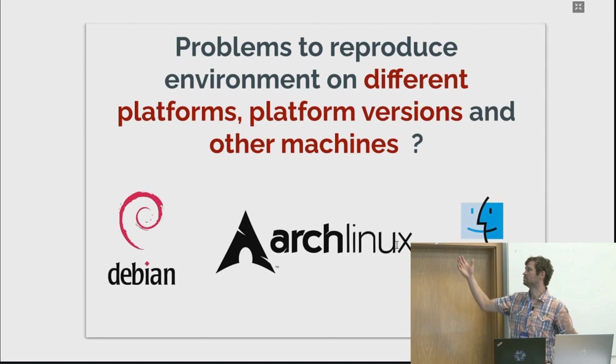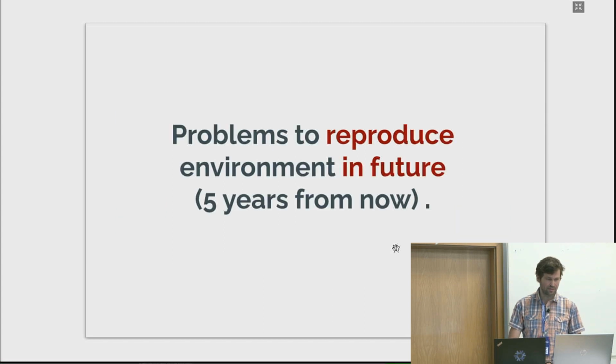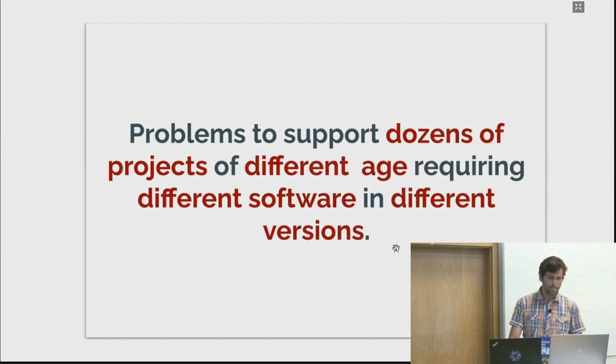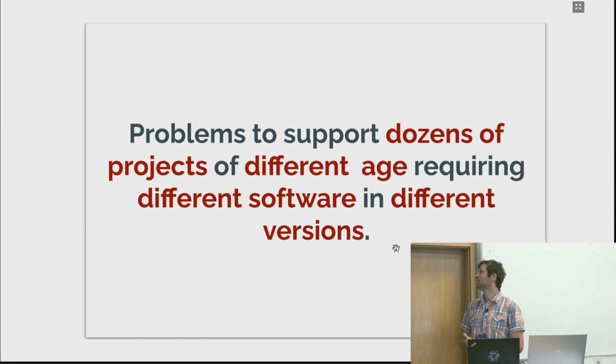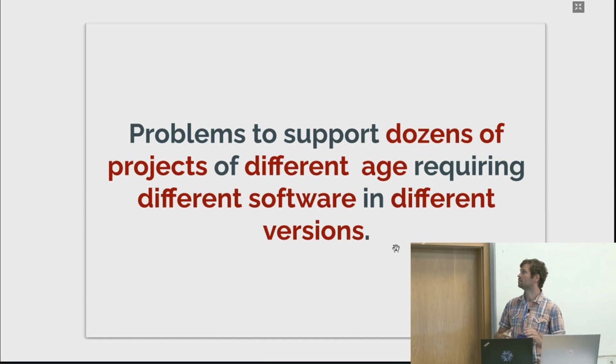Ubuntu GIS doesn't usually work with Arch Linux, doesn't work with macOS. We might have huge problems reproducing it after 5 years from now. And the biggest problem is how to support really dozens of projects of different ages and with different requirements, different software versions, different customizations.